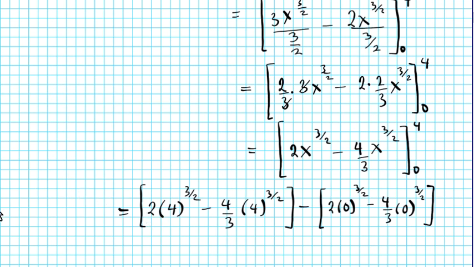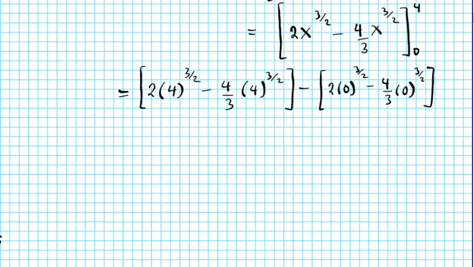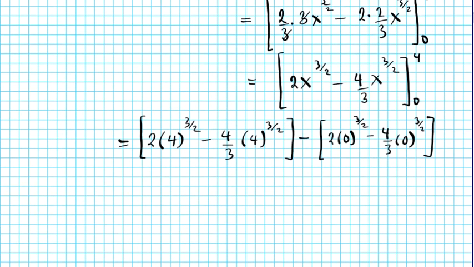Okay, so let's go ahead and simplify. If you raise 4 to the 3 over 2, what you're doing is taking the square root and raising it to the third power. So you can think about this as 2 times the square root of 4 raised to the third power minus 4/3 times the same thing.